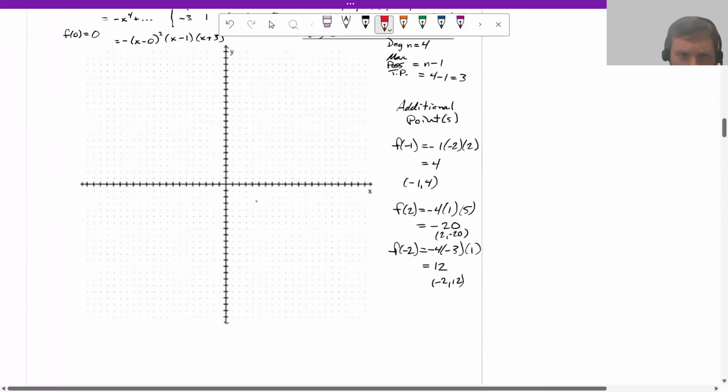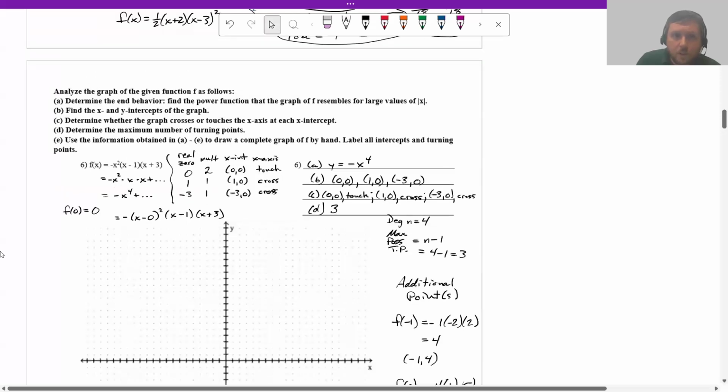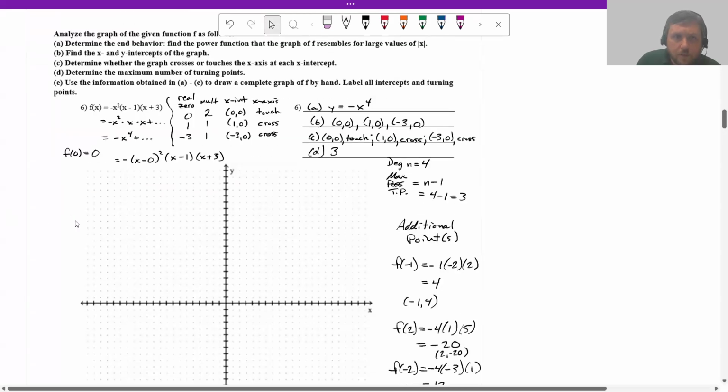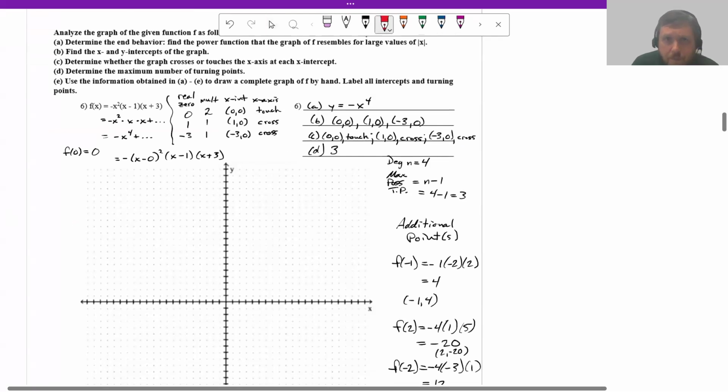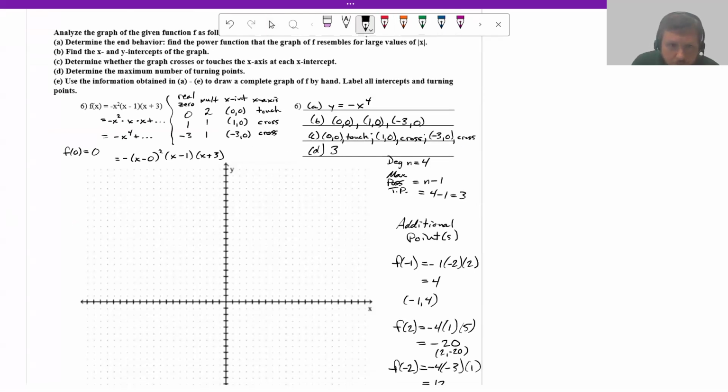Let's see. I think these will all fit. So as far as using the scale goes, if you're using what's already there, I don't mind if you don't number it or label it.